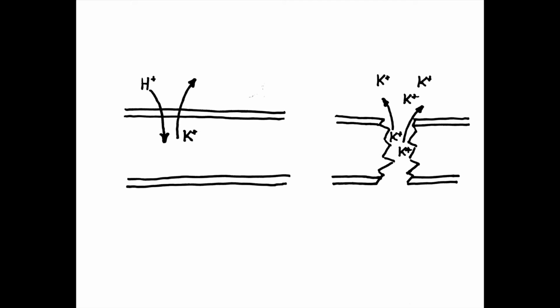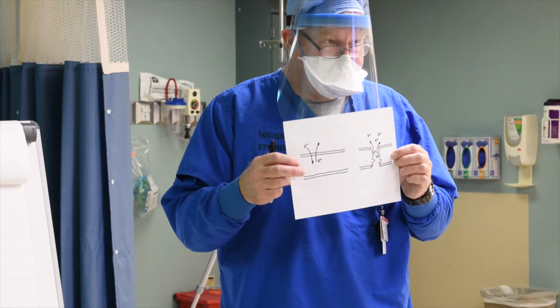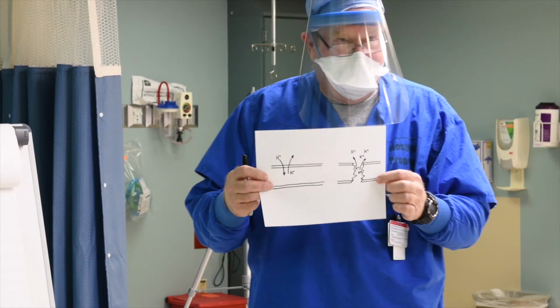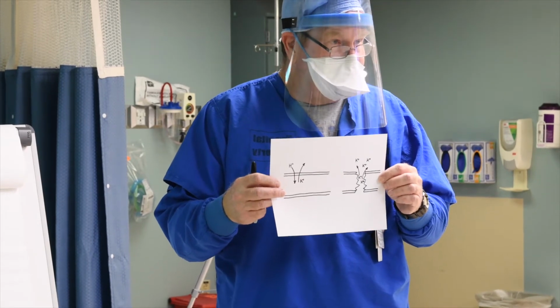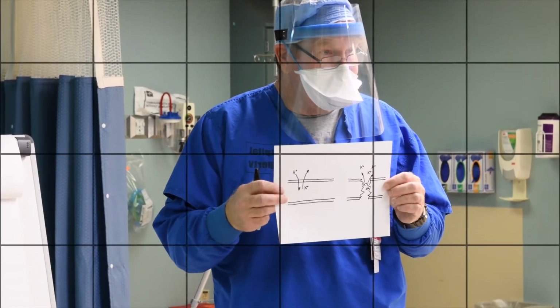In addition, under vigorous contraction, the muscle cells will break open and release even more potassium. So we have a lot of potassium swimming around in this patient that we need to get rid of before it affects the heart and causes cardiac arrest.